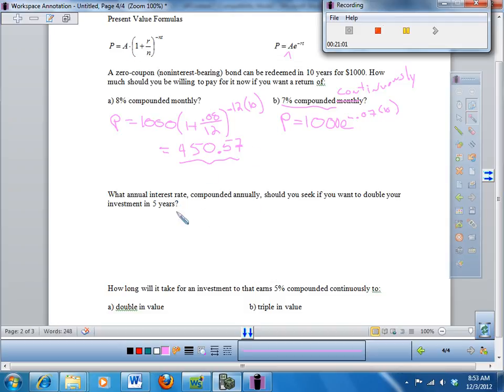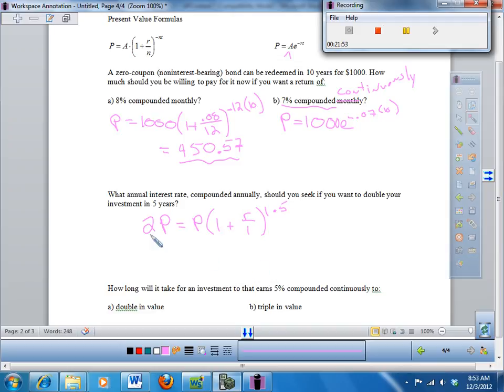So the way you can do that, using the first formula, 2 times P, 2 times your principal is equal to the principal times 1 plus R over 1, compounded annually, raised to the 1 times 5. You guys understand where I got that from?